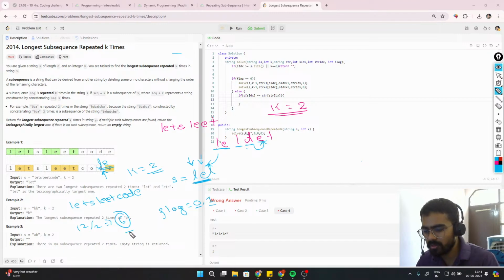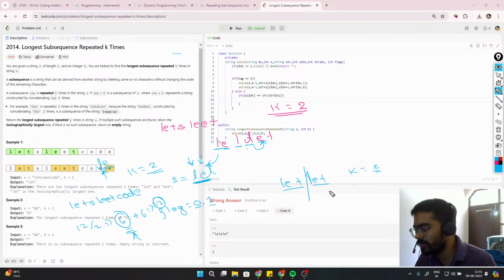The maximum subsequence that we can create is of length 6, because we need 2. That's why 6 plus 6, that is a total of 12. That might be possible, like let and let. If k is 2, I can say that it will be divided into two halves.